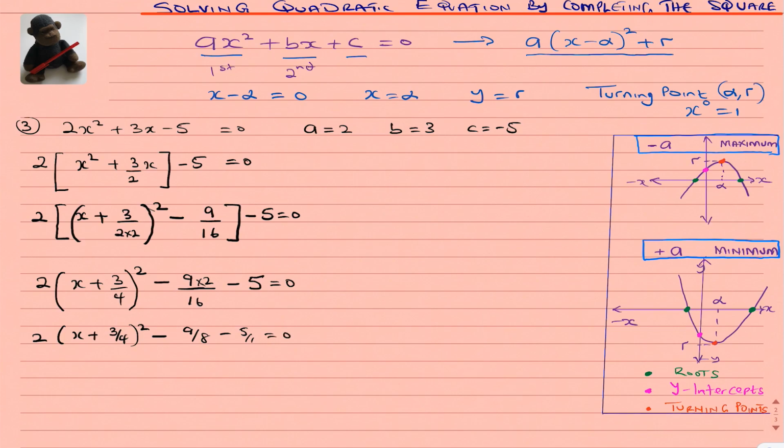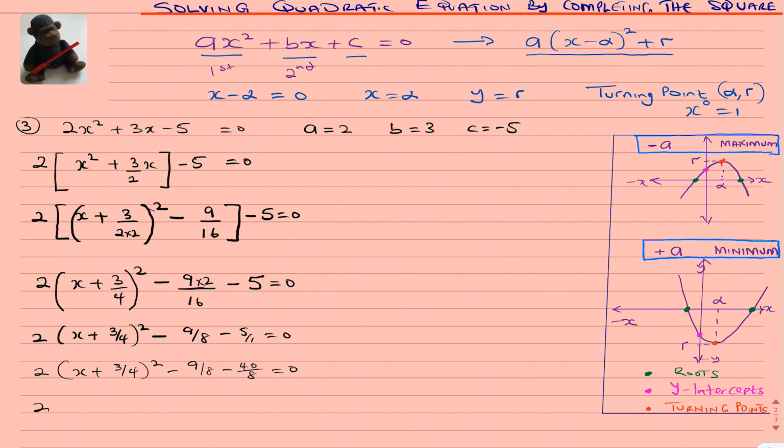I need to make 5 over 1 and 9 over 8 equivalent fractions. So that'll be 2 into bracket x plus 3 over 4 squared minus 9 over 8 minus 40 over 8. I just multiply the top and bottom by 8 to get the equivalent fraction, and that equals 0.